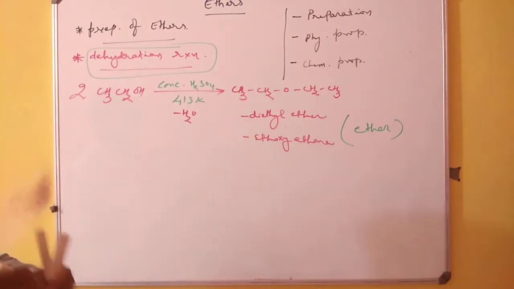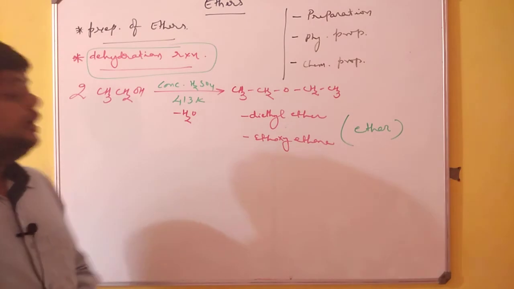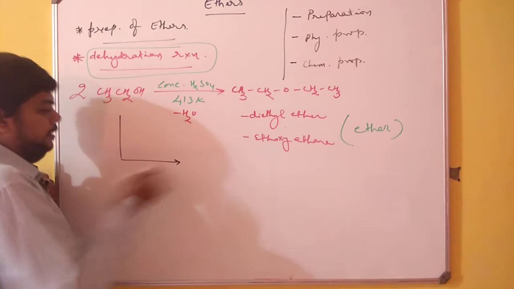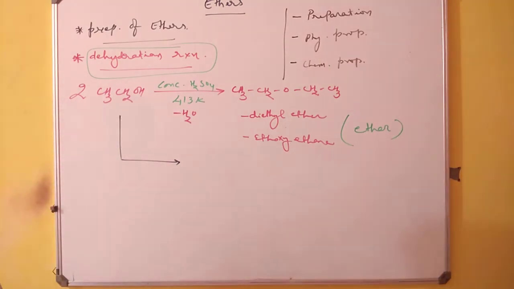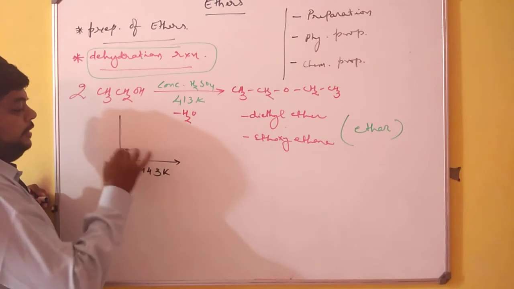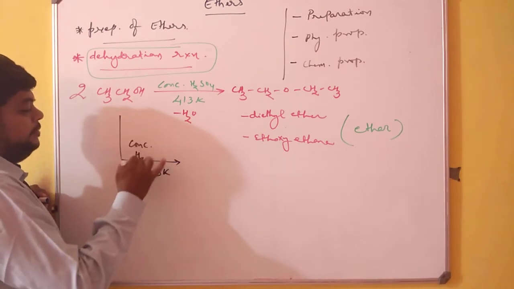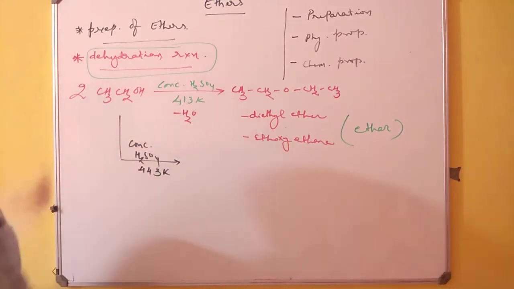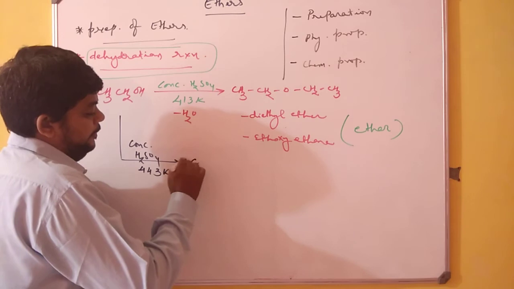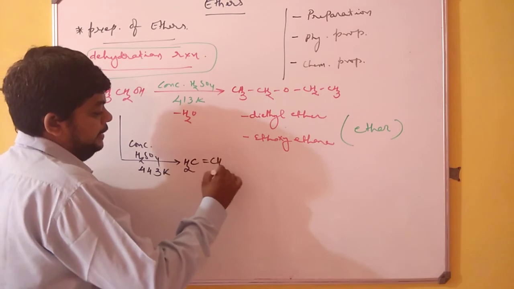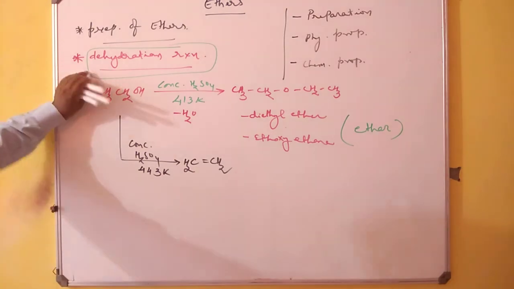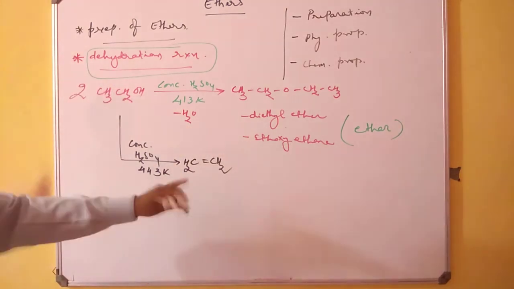Over here, there is a separate set of reaction which is very interesting and important. Let us take the same alcohol, and instead of reacting at 413 Kelvin, if we react at 443 Kelvin using the same concentrated H2SO4, instead of formation of ether, an alkene ethene will be formed per molecule, because over here we will take only one molecule, because OH from here and H from here will be removed.